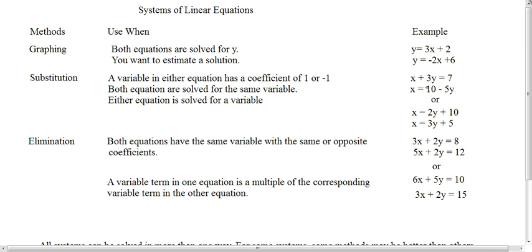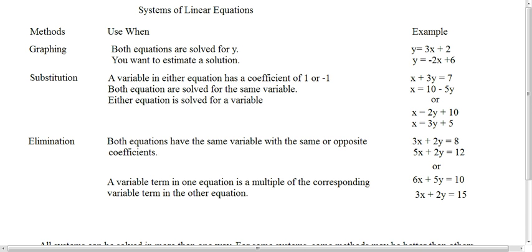So we can easily take this second term and substitute 10 minus 5y for x, solve for one of the variables, and then go back and put that in for, in this case, x, and then solve for y. So we say either equation is solved for a variable. That's when you want to use substitution.